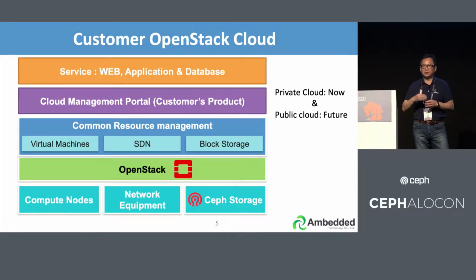But instead of mass production for the critical public cloud, they decided to start at a small scale and grow to a big one inside their organization. So they decided to develop their own built OpenStack cloud, based on OpenStack and their own developed cloud management portal.